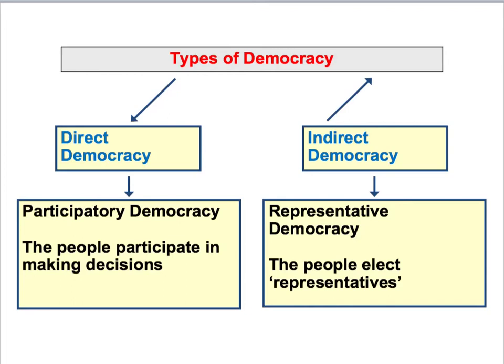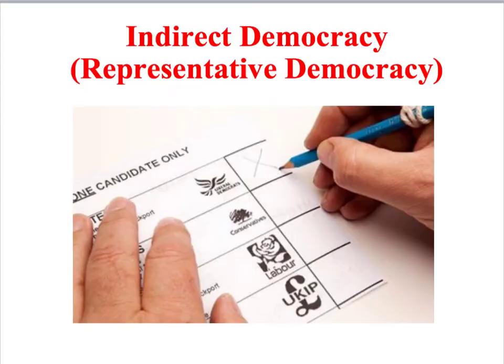So the compromise is that people elect representatives to act on their behalf. This obviously means that elections are central to the idea of indirect democracy, representative democracy, and the role of the people is consigned to the role of deciding who will decide.